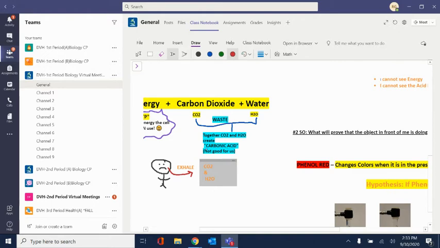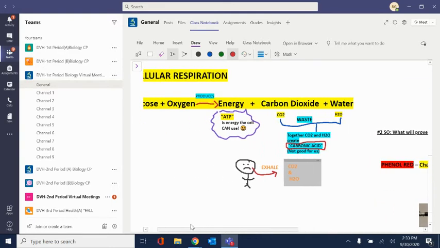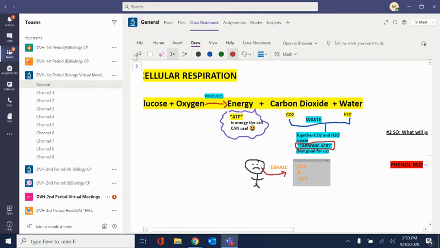One of those toxins is carbonic acid. Now, individually, water is not bad for you. You clearly need water to carry out life's processes. But it's when it's in the presence of carbon dioxide that it is not a good thing. We don't want this in our body, so we have to get rid of it.